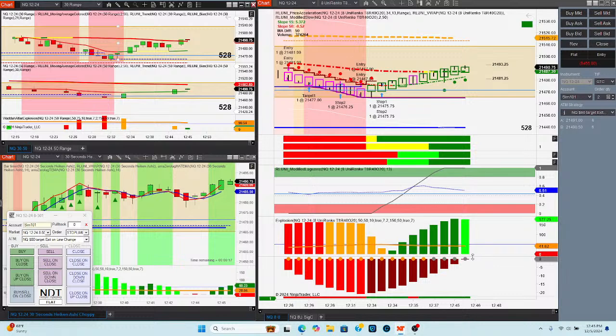I get a green candle right here if this is dark green at the same time. Careful of the 50. This is still red. This is still red.